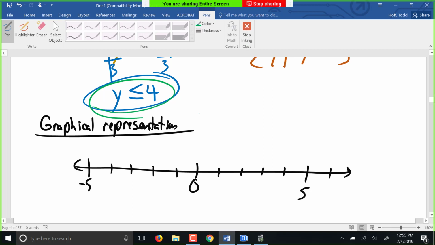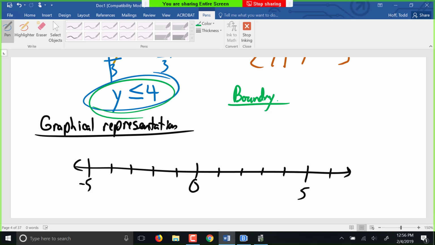So y is less than or equal to 4. We plot the boundary point. Our boundary point is where it separates the solutions from the non-solutions. And that's just at the value that's on the other side of the inequality from our variable. Here, that's 4. This is where 4 is on our number line. That's our boundary point.